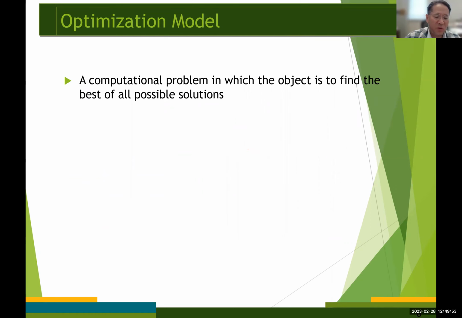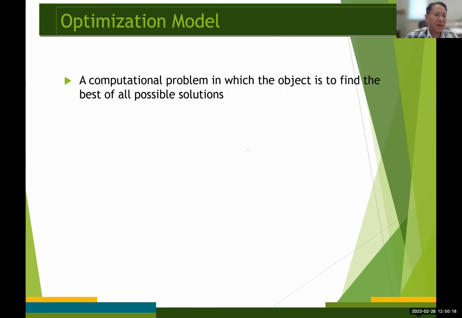Truly, this is one of the optimization models. An optimization problem is a computational problem whose objective is to find the best of all the possible solutions. When you deal with it, first, you need to define the problem of interest.